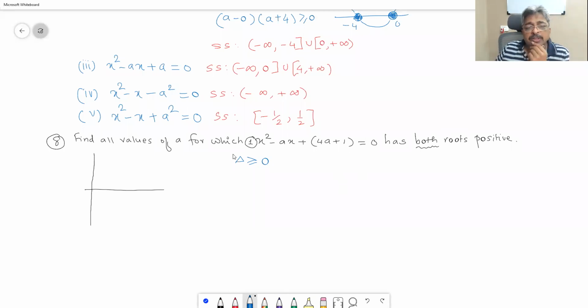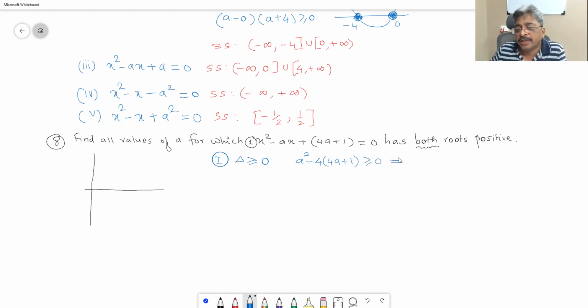So this is our first condition. The moment we write it, we get a relationship between a and 0, I mean the LHS will be a quadratic in a. What is the discriminant? A square minus 4 into 4a plus 1 should be greater than or equal to 0.